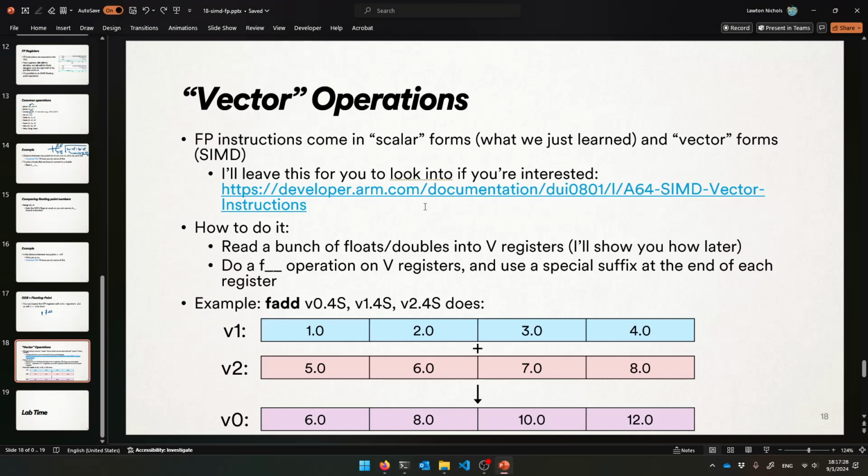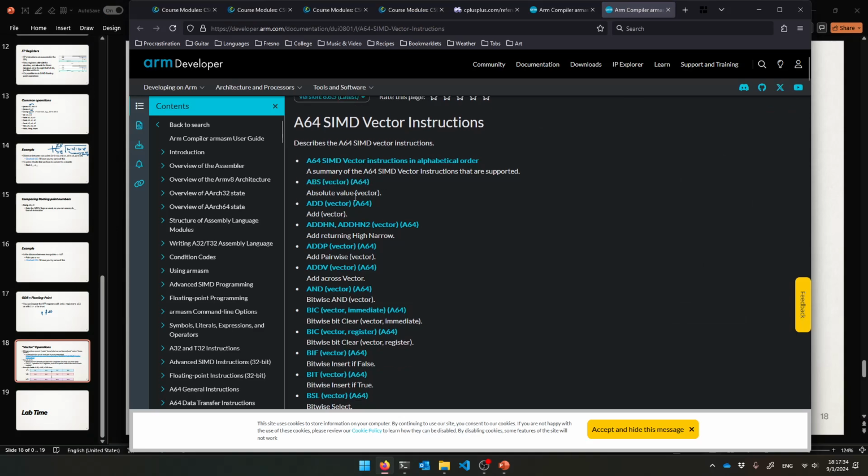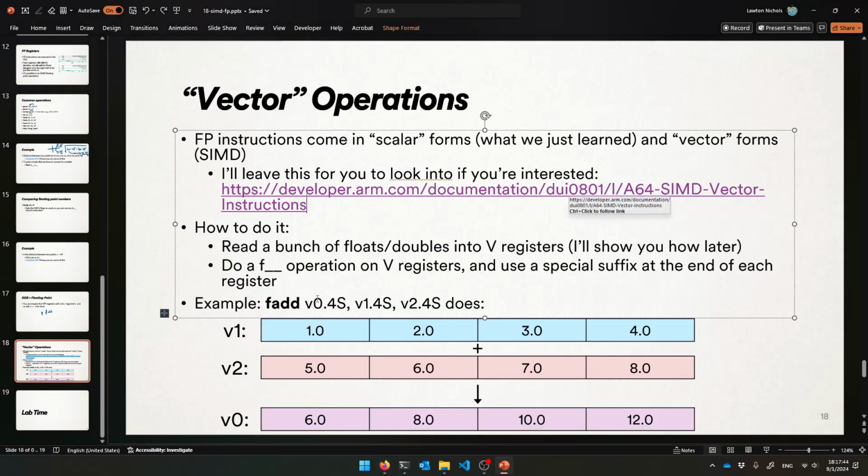All right. If you'd like to know more about them, here is a page that you can go look at. Here's our SIMD vector instructions. There's like an add instruction, a vector add instruction that works on V registers with some dots and some stuff at the end of it. It's a little weird. I'll show you at least one example though, but here's kind of the idea.